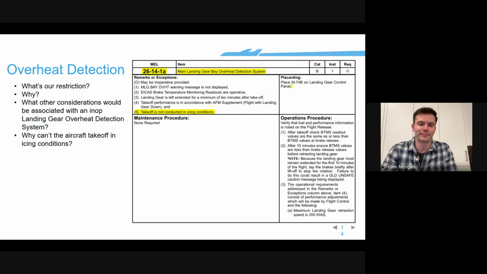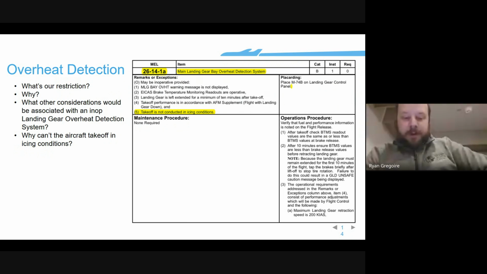Yep. Nice. So if we look at point 3 in our remarks or exceptions, landing gear is left extended for a minimum of 10 minutes after takeoff. So thinking about overheat, main landing gear bay overheat detection system, if that wasn't functioning, why would we need to leave the landing gear extended for 10 minutes after takeoff?